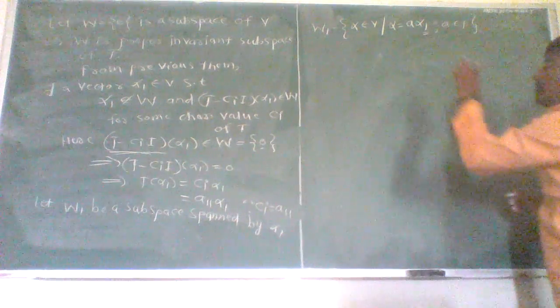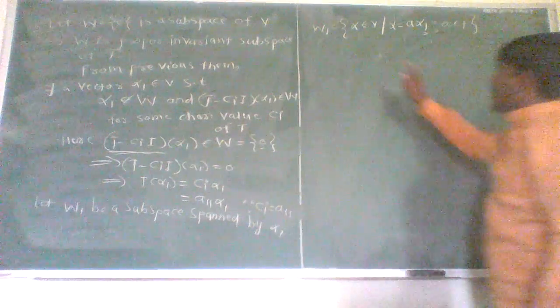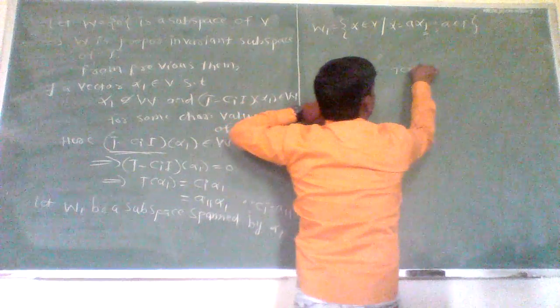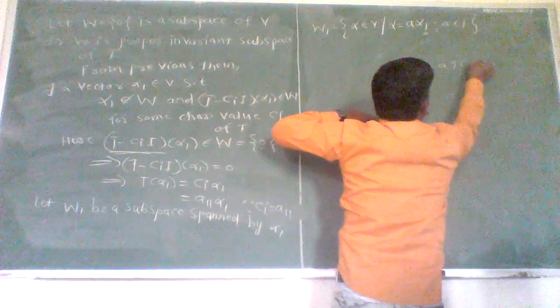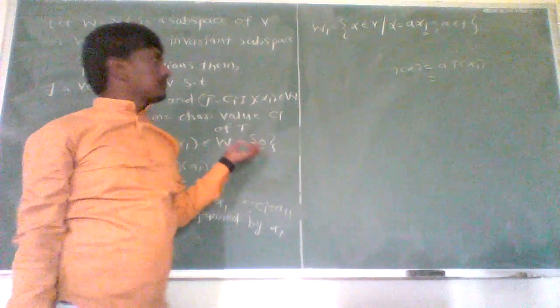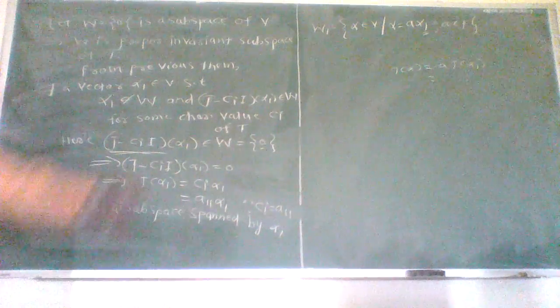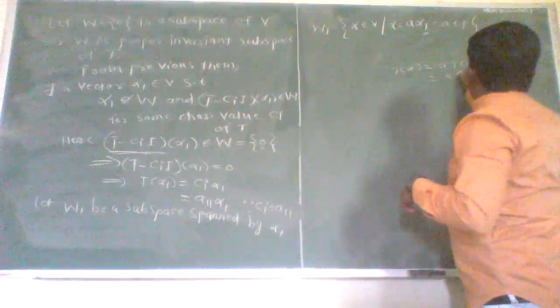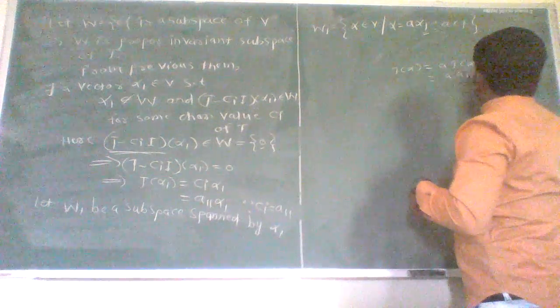Now we have to check whether this W1 is invariant under T. If we take the T image of any vector belonging to W1, then it is again in W1. Suppose we take T of alpha, then it is nothing but A into T of alpha 1, and T of alpha 1 is nothing but A11 of alpha 1. That is again A into A11 of alpha 1.